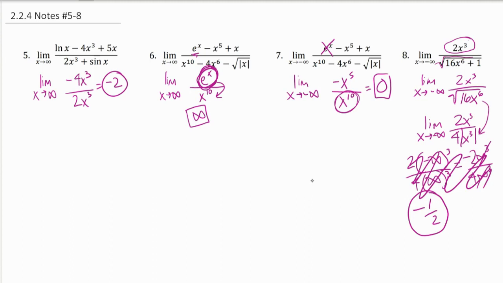Or you can look at the original function to figure it out. But the answer is negative 1/2, not positive 1/2. So I just want you to be careful if you have square roots, or even just an absolute value. Pay attention to whether your numerator is negative or your denominator is positive, so your answer must be negative, or vice versa, whatever it is.